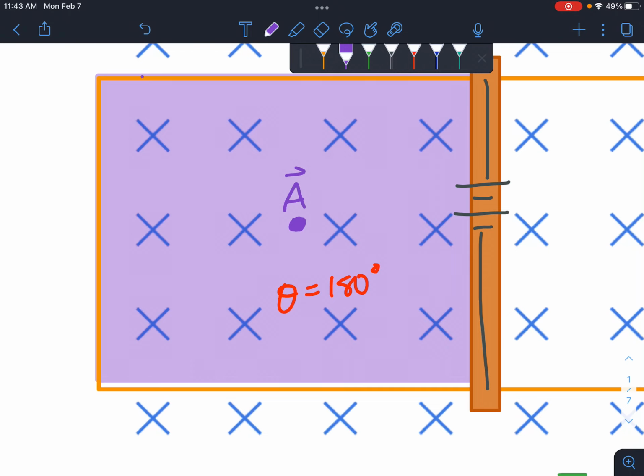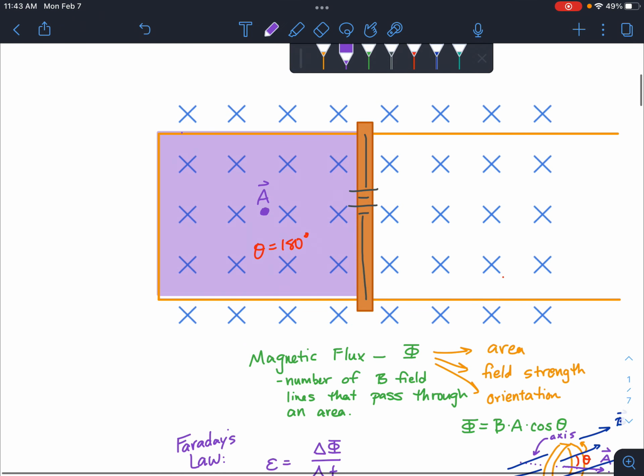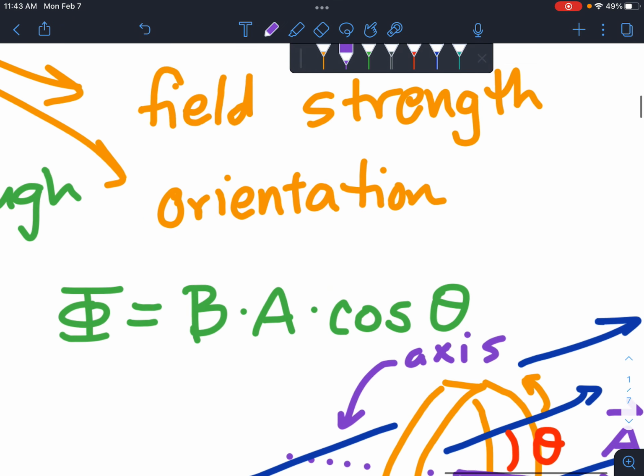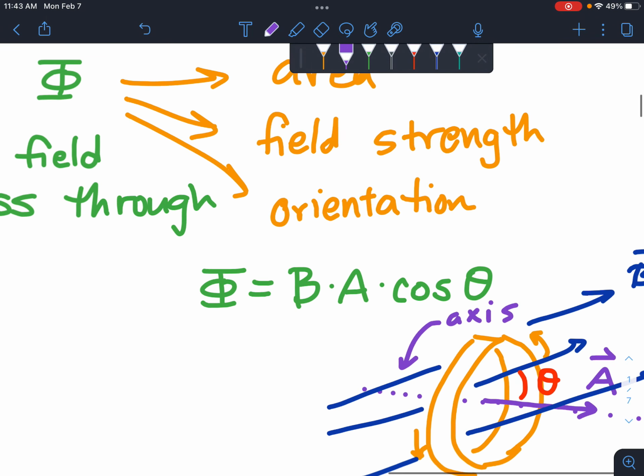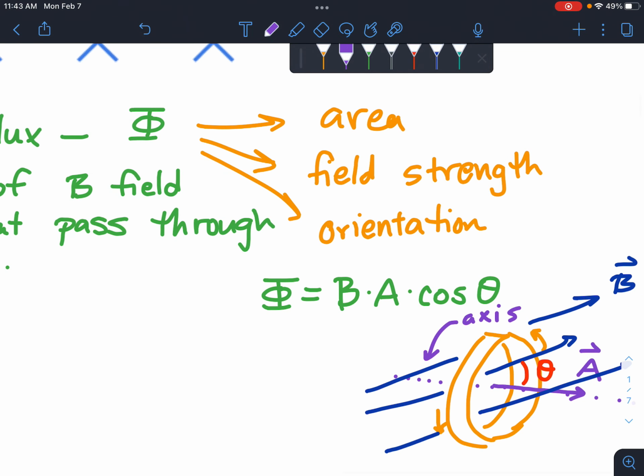Then magnetic field going parallel or anti-parallel gives you a maximum value, because cosine is going to be 1 when theta is 0, and -1 when it's 180. And so this flux is a maximum value when the axis of the area and the magnetic field are lined up. And we saw that with our 3D simulation, which I won't go back to because I messed it up.